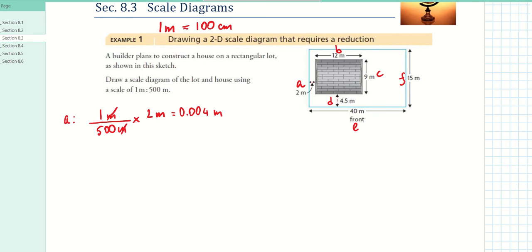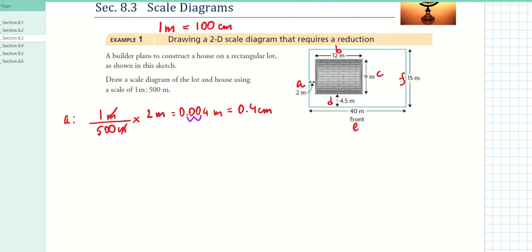Or you can just move the decimal place 2 places to the right. So if you look, we have our decimal place right here. If you move this 2 places to the right, you're going to end up with 0.4 centimeters. So that would be our value in centimeters.